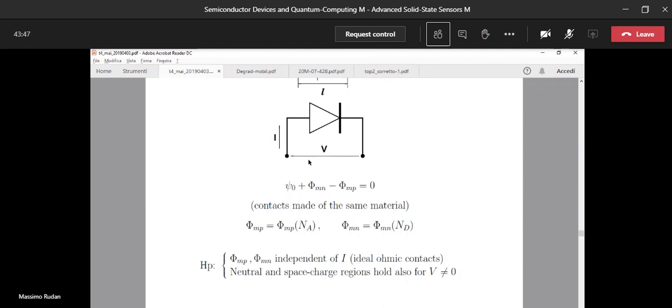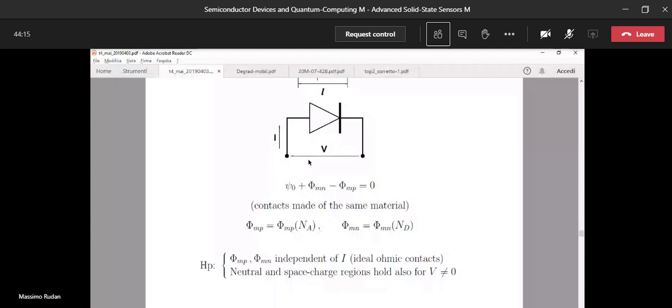So now we have to go to the non-equilibrium condition. And we use some hypotheses that are acceptable to describe the non-equilibrium condition. The hypotheses are that, number one, the contacts are ideal.